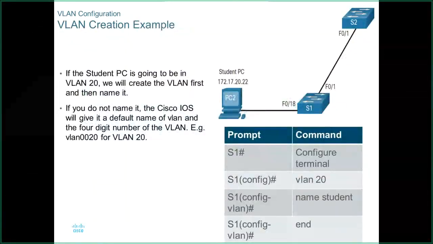So here we have VLAN 20 being created with the name student attached. So this is going to be the virtual network that all the student PCs connect to. So again, we've just created the VLAN. We haven't assigned any ports to this VLAN yet. So it's been created, but it is not active.